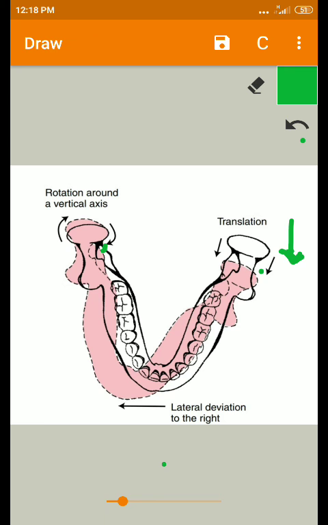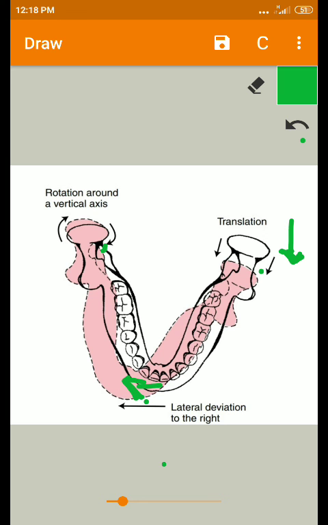So the center of the mandible moves downward and deviates from the midline slightly towards the condyle that is spinning.